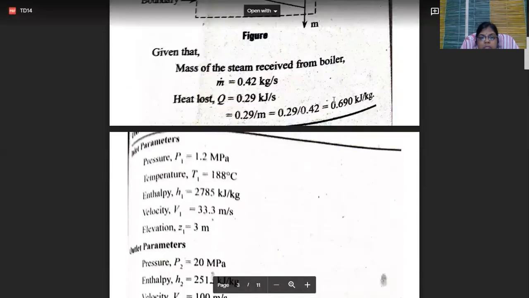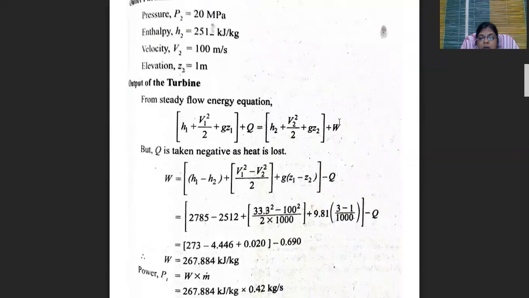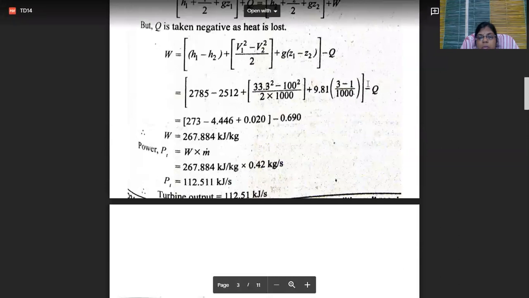What is our Q value? 0.29 divided by 0.42. So here Q is also in the form of kilojoule per kg. So our balance should be, finally, work done also kilojoule per kg. Here h1 and h2 are kilojoule per kg, Q also kilojoule per kg.